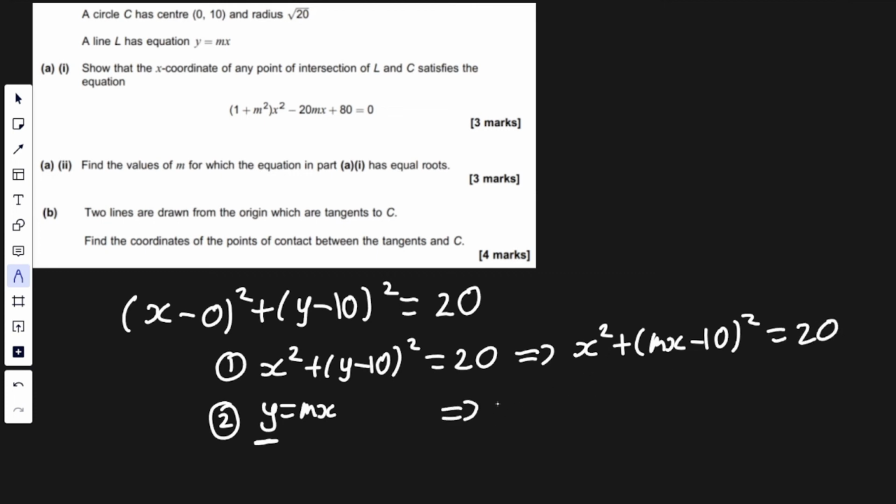Next we can expand this, because clearly if we look at what they've got, an expanded form, my goal is to try and make it look as similar to what they have as quickly as possible. So I'm not going to touch the x squared, I'm going to expand this second bracket. We might as well do this by the grid method just to make sure we don't make any simple mistakes.